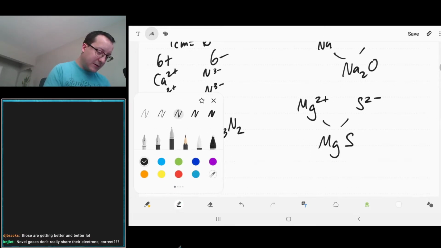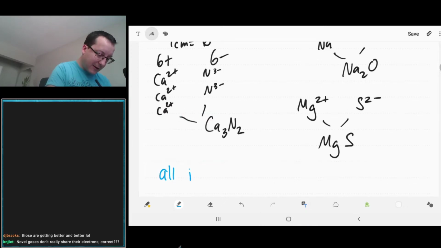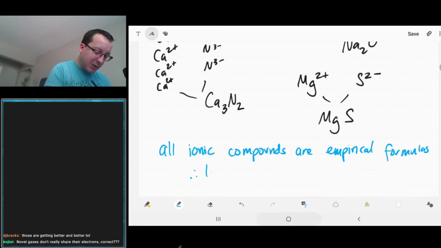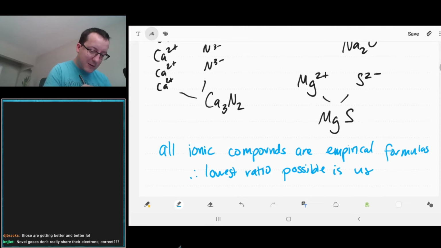One thing to note is that all ionic compounds are empirical formulas. And that means the lowest ratio possible is used.